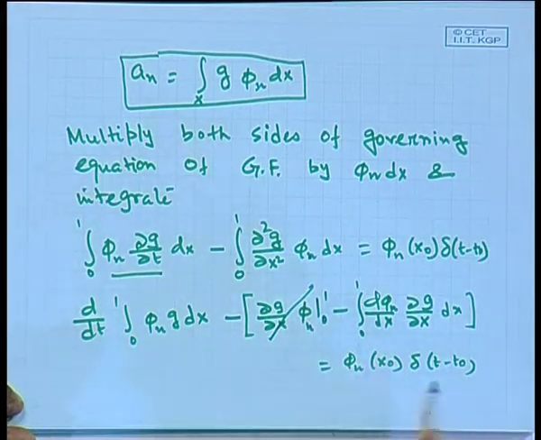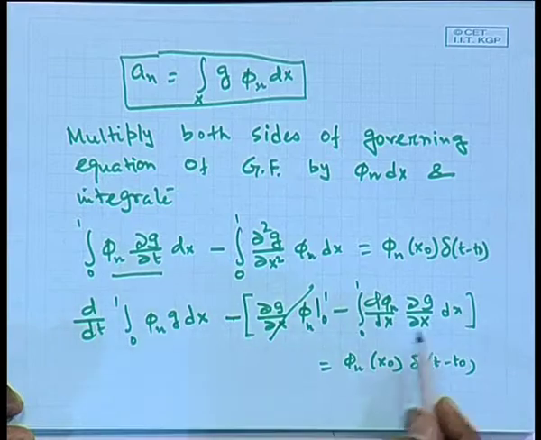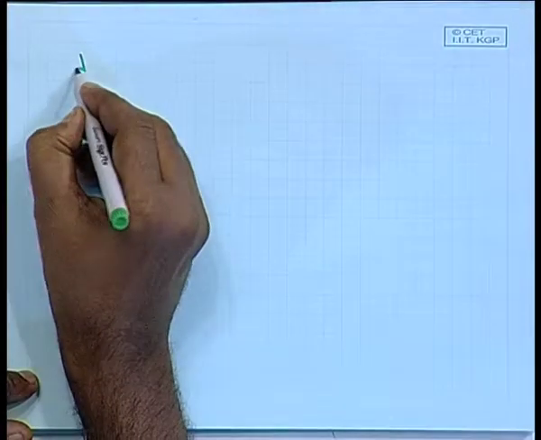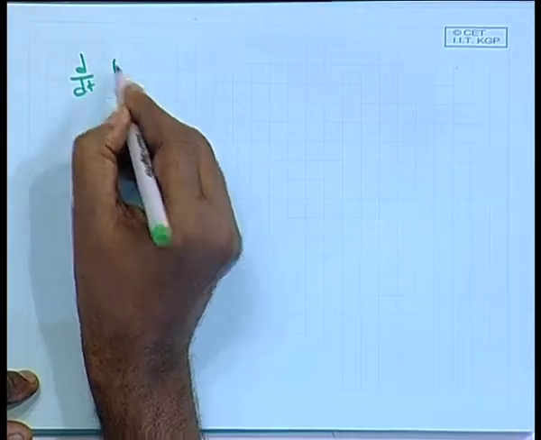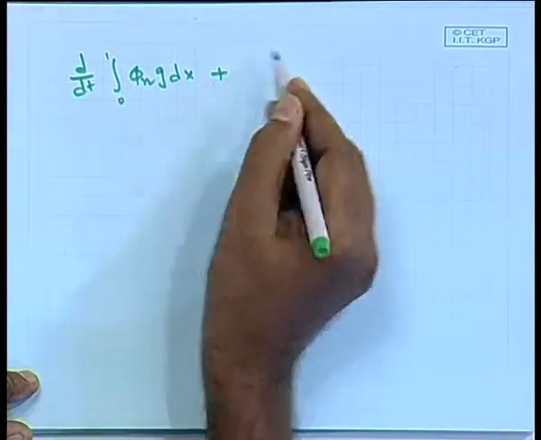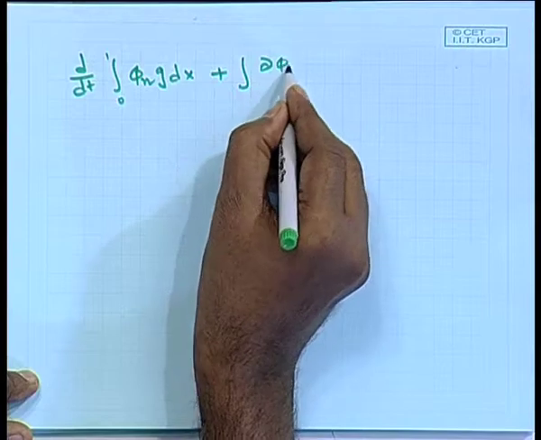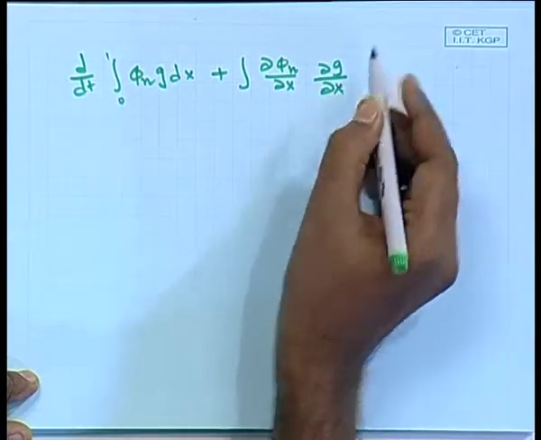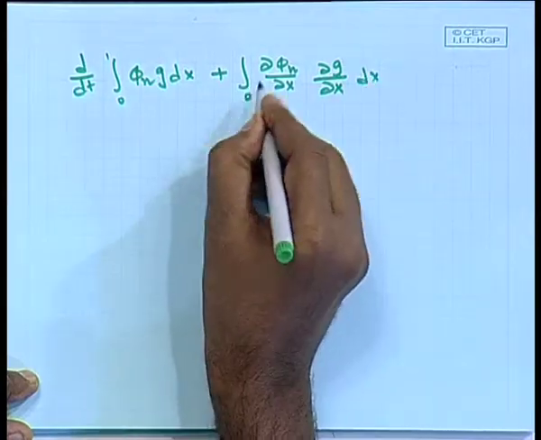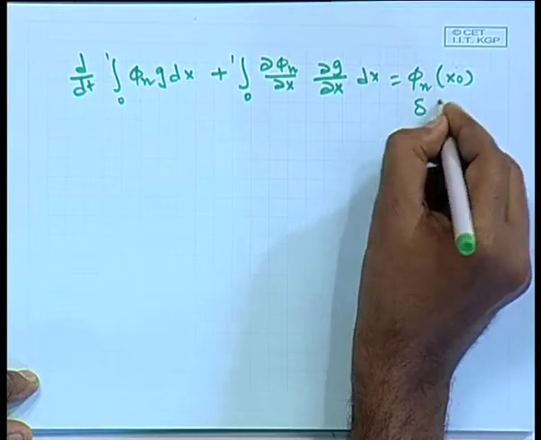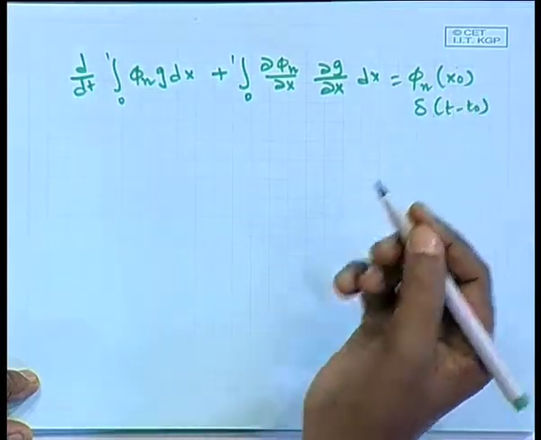Okay. Minus minus plus, one more integration by parts of this term, that will lead to what? Let us see, d dt of integration 0 to 1 phi n g dx minus minus plus del phi n del x del g del x dx from 0 to 1 is phi n x naught delta t minus t naught. Okay.